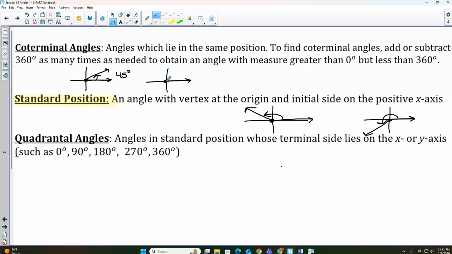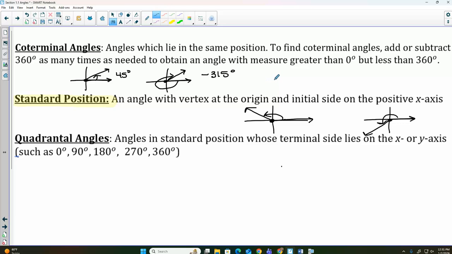Or I could draw the same angle, but spinning the opposite way. When you spin clockwise, what would that measurement be? What kind of number? It's a negative number. So this is actually negative 315 degrees. Okay, if you're just looking at the degree measure, they don't look the same. But when I draw them, they turn out to be the same.